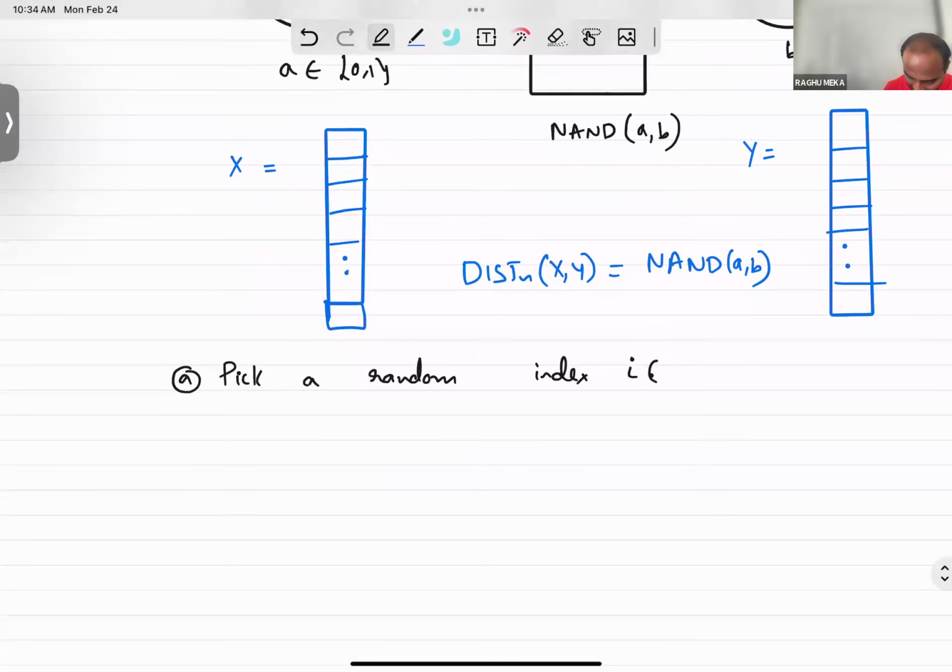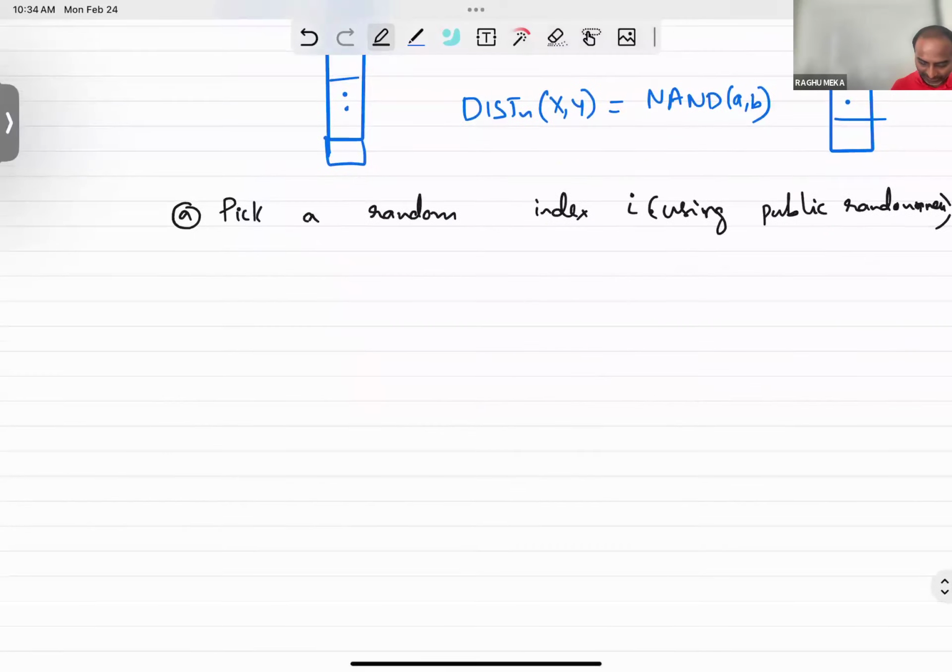So let's say using public randomness. Or you can even exchange it because it is small enough that it gets rounded into little o(n) errors. Okay. And then sample x1, y1, x2, y2.